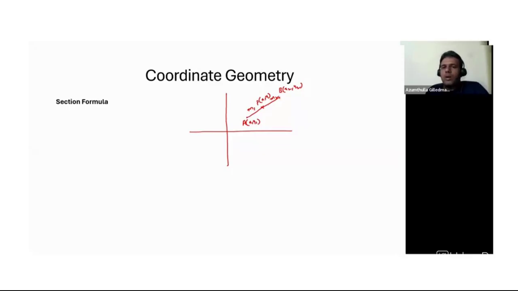Now the way that we have solved the point P before, let's just project the points onto X and Y axis, right? Then these points become X1 comma 0. This is X comma 0. This is X2 comma 0. Then if I project this, so that's A, B, P.